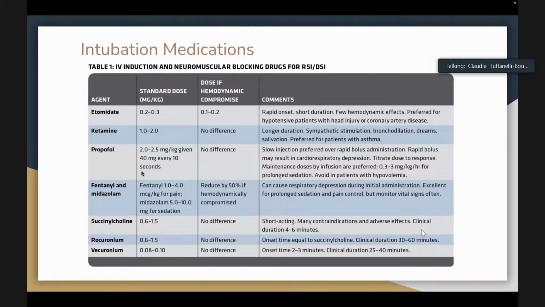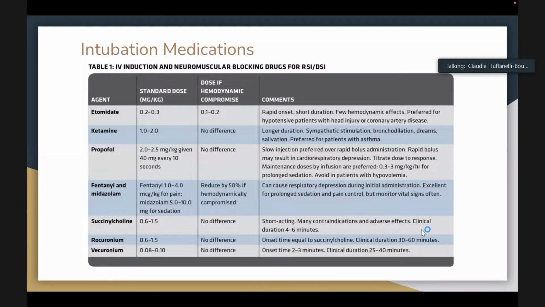So then jumping into the medications, it's really important when you're intubating a patient to medicate them, because it's an uncomfortable procedure, first of all. So nobody would want to be intubated without medications. It'd be tough, but also it's going to help your success.